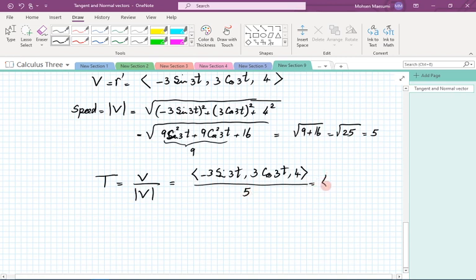Well, you might as well write everything inside: minus 3/5 sine of 3t, 3/5 cosine of 3t, and 4/5.